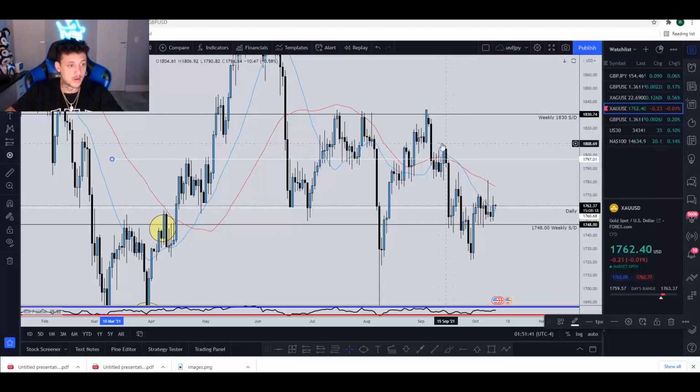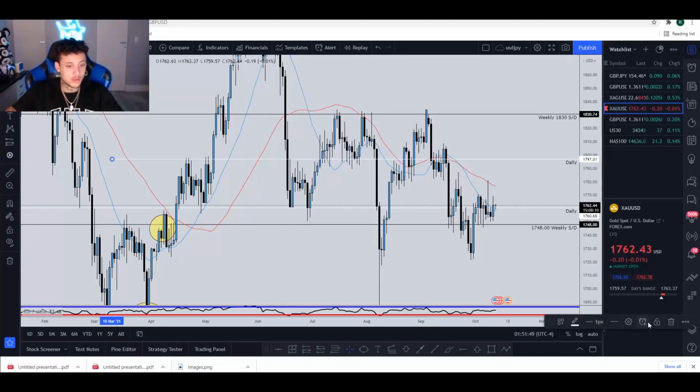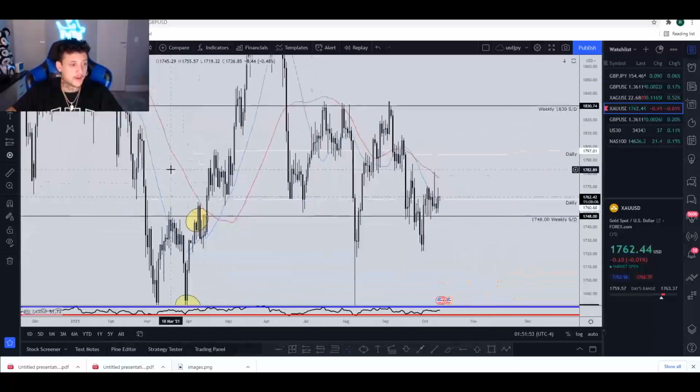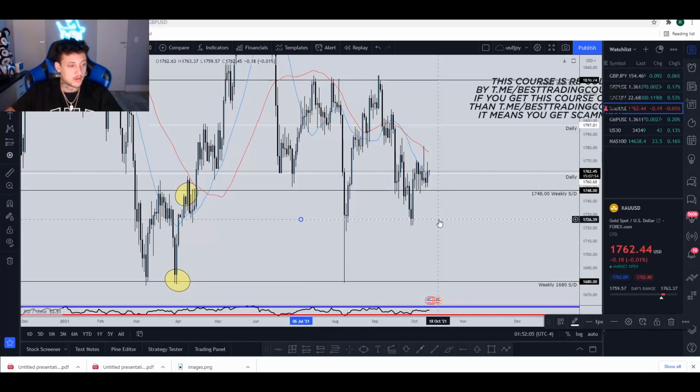And again, notice the overlap here on daily level of support. I'm going to do daily. I'm going to lock it. And for now, that's about it. I don't want to add more. I think I'll just do maybe this one last level right about, I feel like 1726 is more accurate.